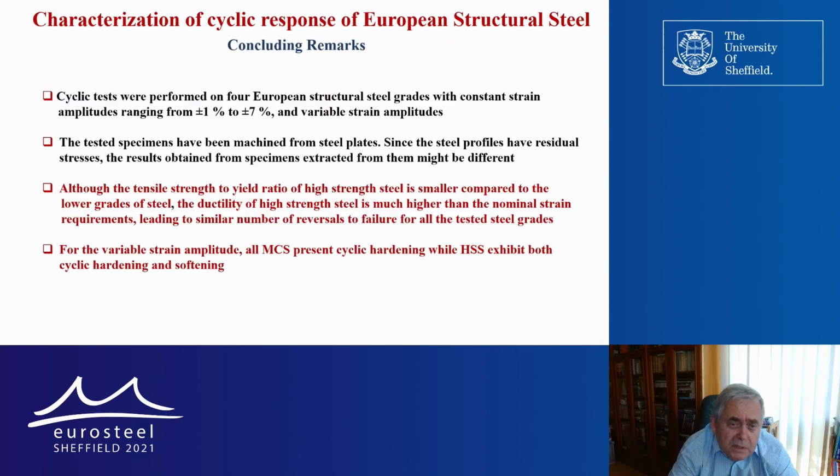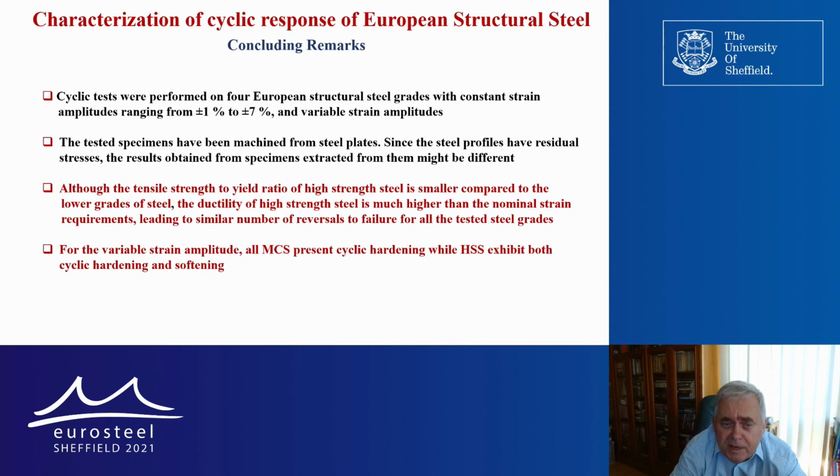If we want to try at this moment some concluding remarks based on these tests, of course, much more tests have been done than the ones I have selected for this presentation. There are 2 main aspects to be emphasized.